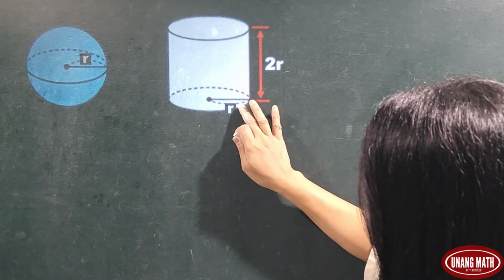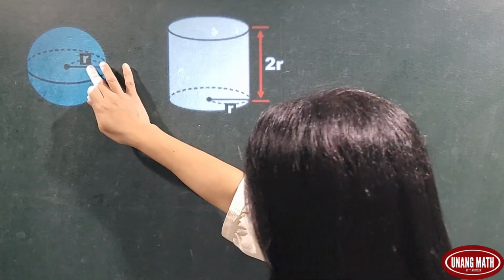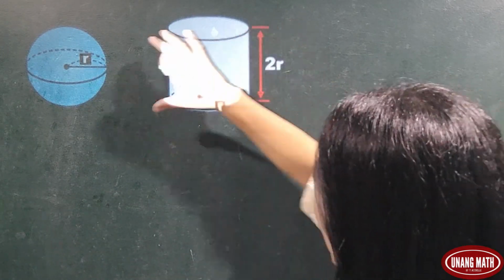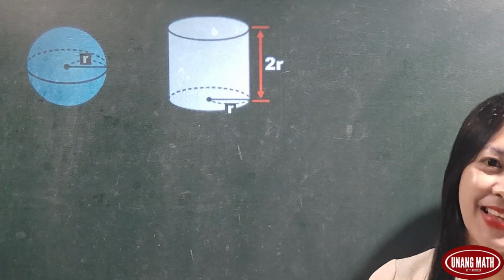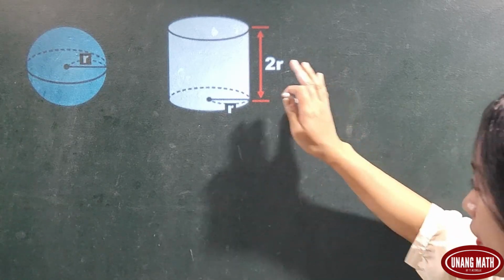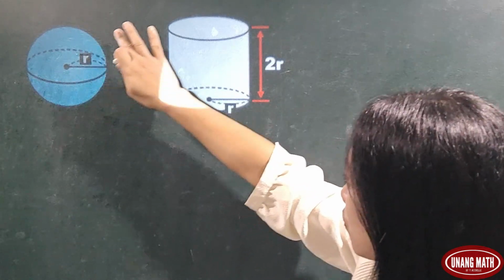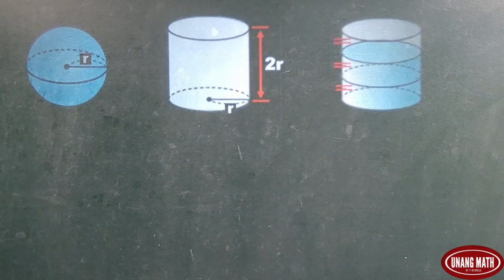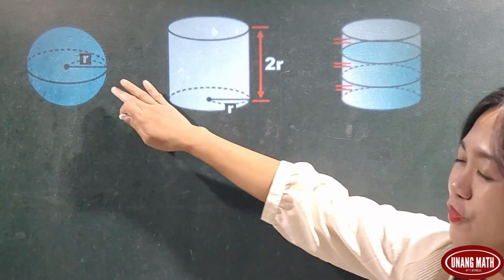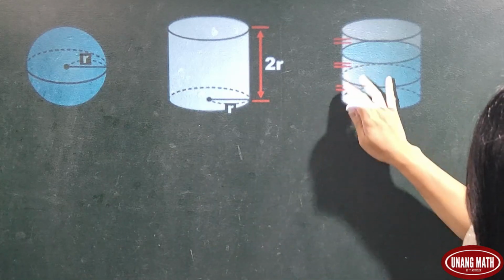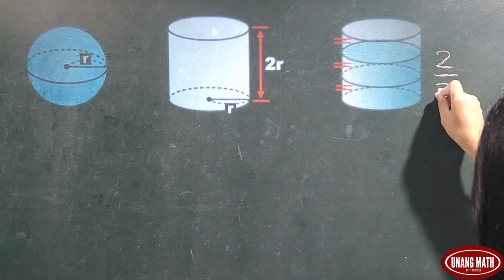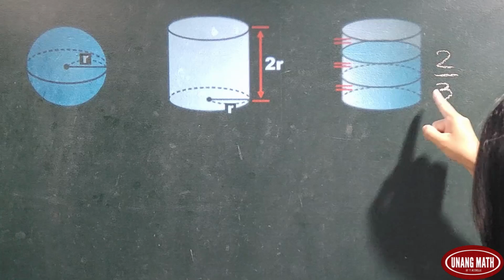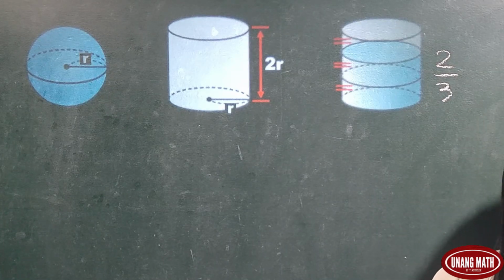The radius of this cylinder and this sphere must be the same, and the height must be the same. It appeared that when we pour this water in this cylinder, the volume of the sphere is 2/3 the volume of this cylinder.